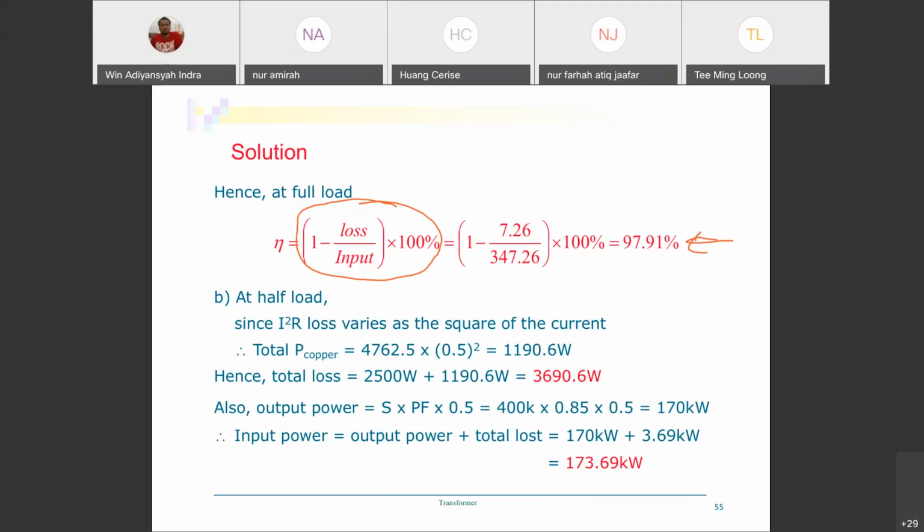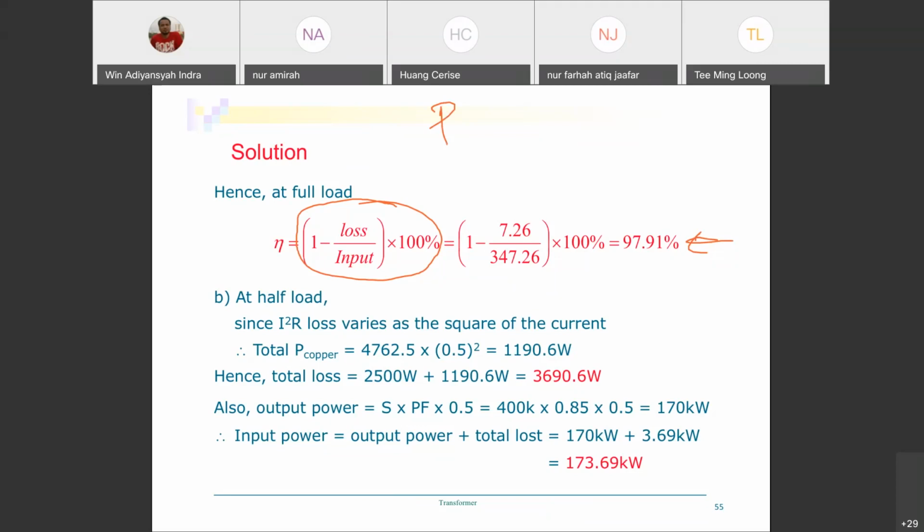Second one is a half load. Be careful on this one. See the difference. Half load. Since the loss, especially the copper loss, varies as the square of the current, let me write here.